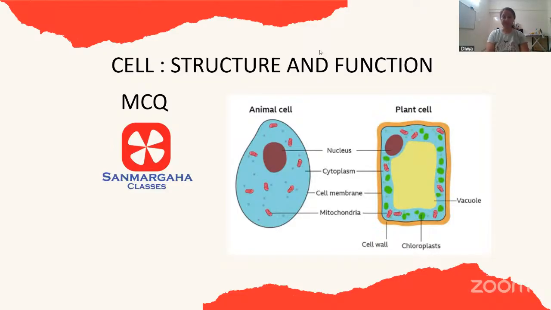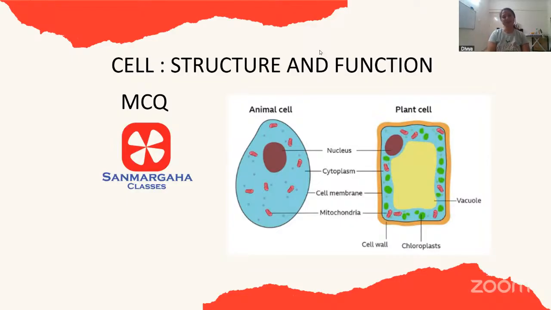Okay. Yes, and also we have unicellular organisms and multicellular organisms. Unicellular are single-celled organisms. Multicellular are organisms made up of many number of cells, right? And also we have prokaryotes and eukaryotes. Okay, so prokaryotes have no distinct nucleus, whereas eukaryotes have a distinct nucleus.